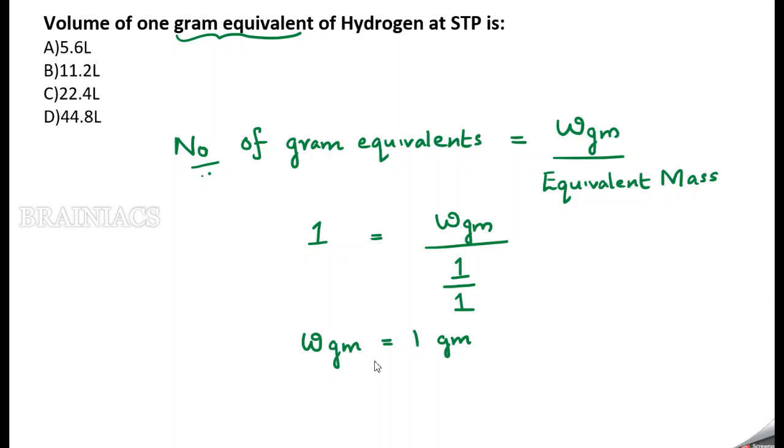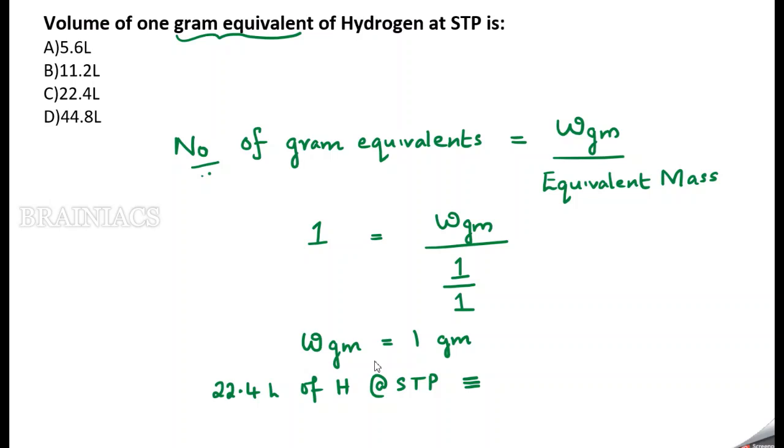Now what they are asking you is the volume at STP. So I know the weight in gram is equal to 1 gram. Now corresponding to this 1 gram, I need to know what is the volume at STP. But we know the standard relationship: 22.4 liters of hydrogen at STP will have a mass equal to molecular mass expressed in gram.